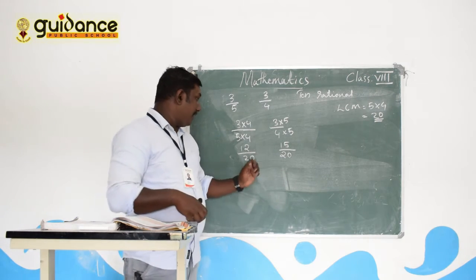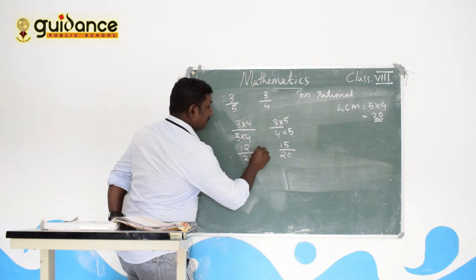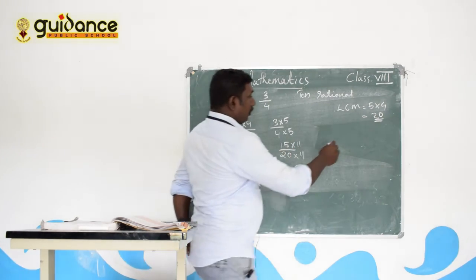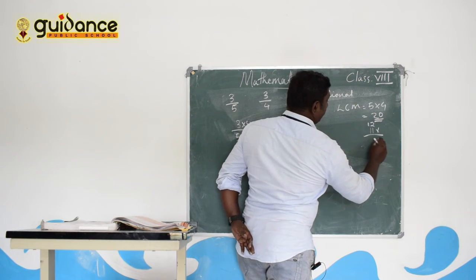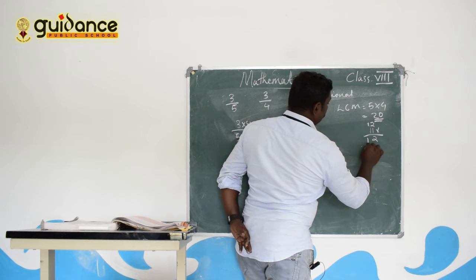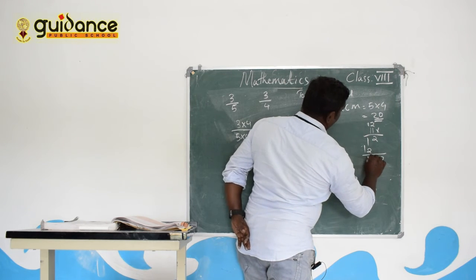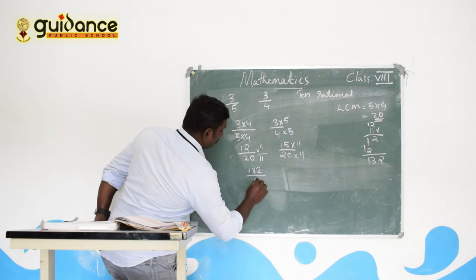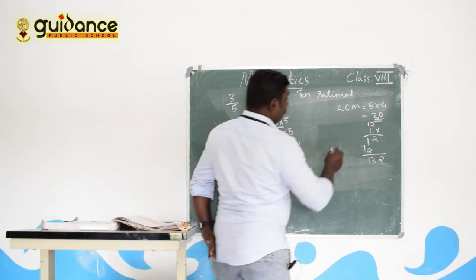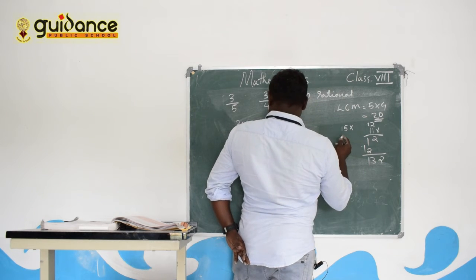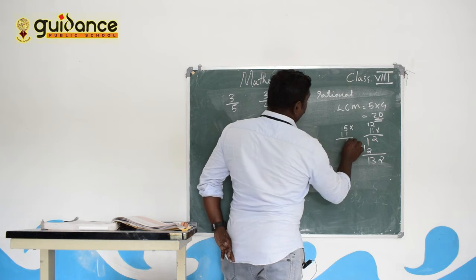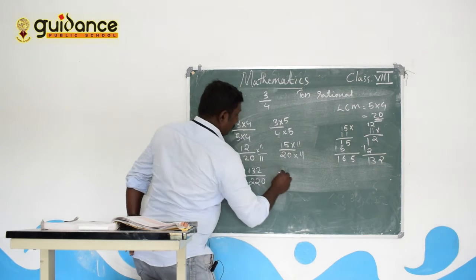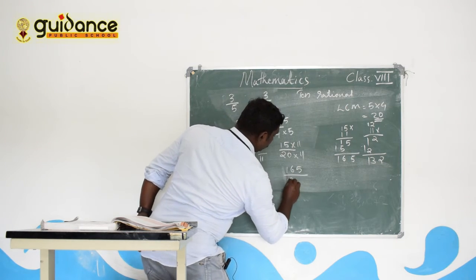We multiply 11 with both numbers. 11 into 12 is 132, so it will be 132 by 220, and 15 into 11 is 165, so 165 by 220.